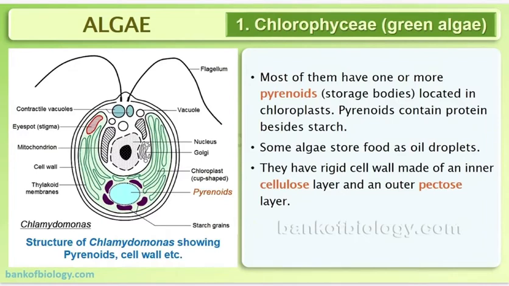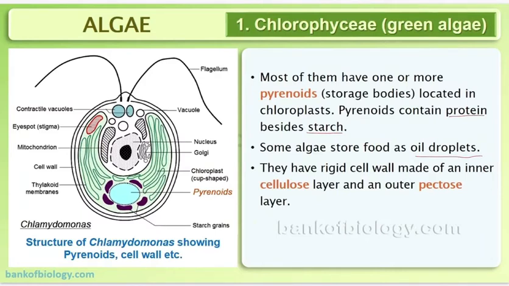Depending upon the shape of the chloroplast, we have got different species. Most of them have one or more pyrenoids. What are pyrenoids? Storage bodies. They store food. So pyrenoids are storage bodies located in the chloroplast. Pyrenoids contain proteins along with starch.